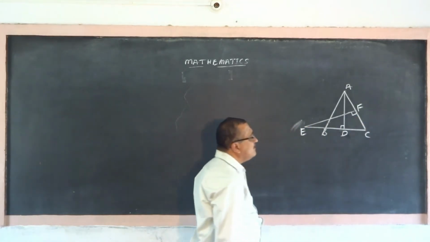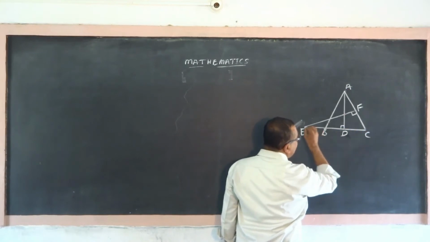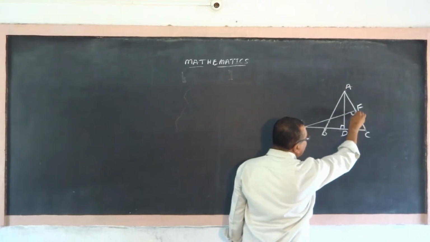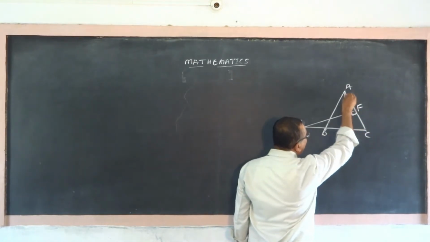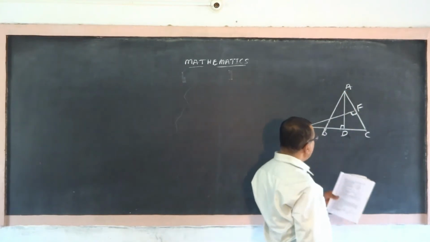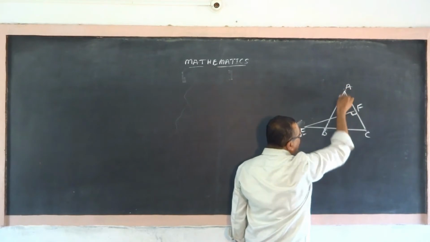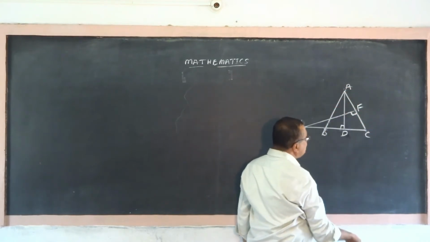Very simple. Now you see in triangles ABD and ECF, angle D is equal to 90 degree. Angle C is common. AB equals AC. They have given it's an isosceles triangle.